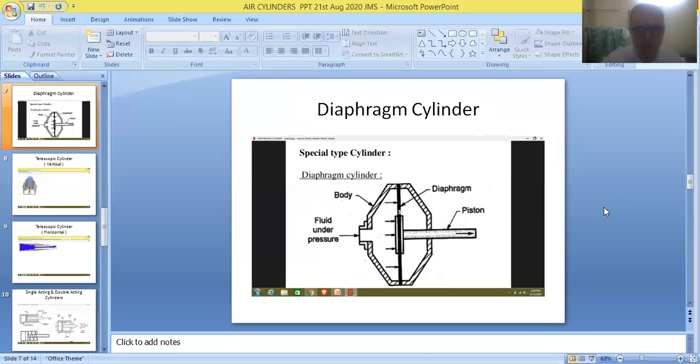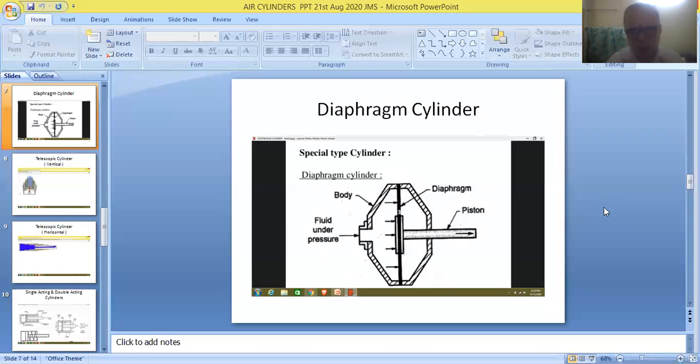This diaphragm is arranged inside the casing of the cylinder. One end of the diaphragm is exposed to the pressure of the fluid that is coming from the compressor, and another end of the diaphragm is fitted to the piston rod that is placed on the right hand side of this cylinder.